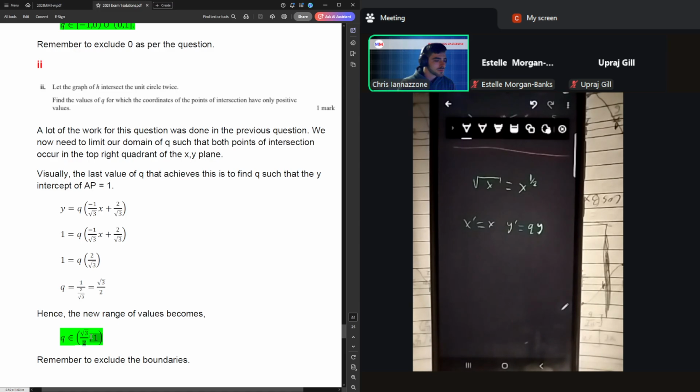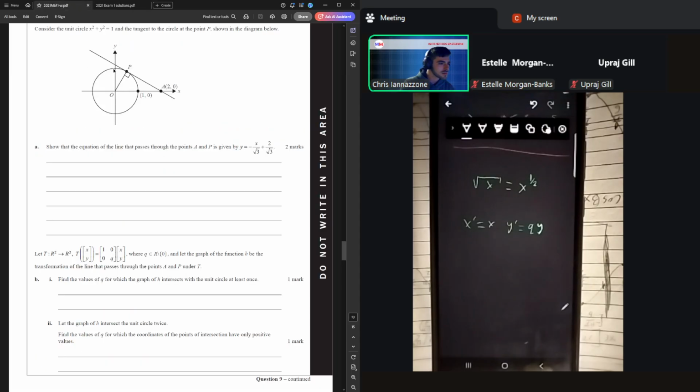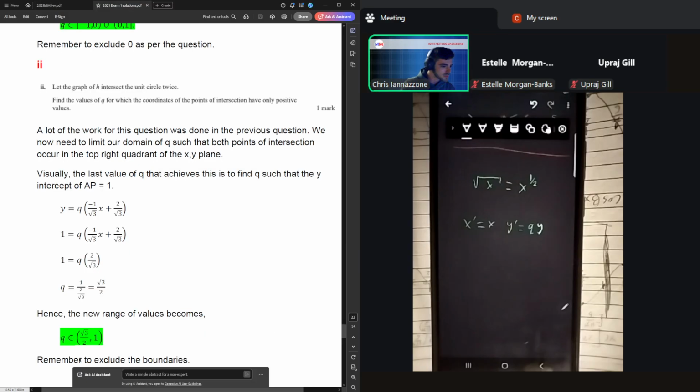Now, why have I excluded the boundaries? Because if you include it, it'll intersect twice. Well, we want it to intersect twice. Oh, sorry, it'll intersect once. Now that I'm looking at this again, I feel like that one should be inclusive. I think I stuffed that up a little bit. Let me double check the exam report.